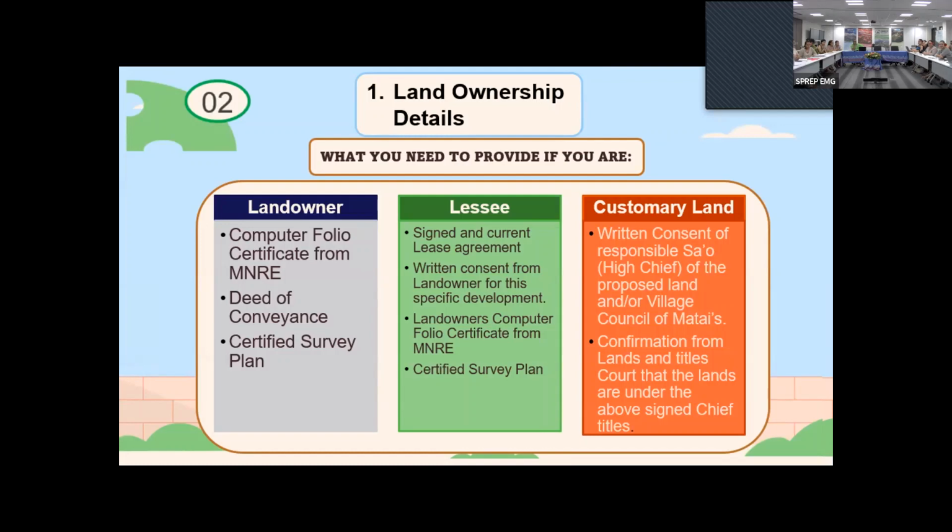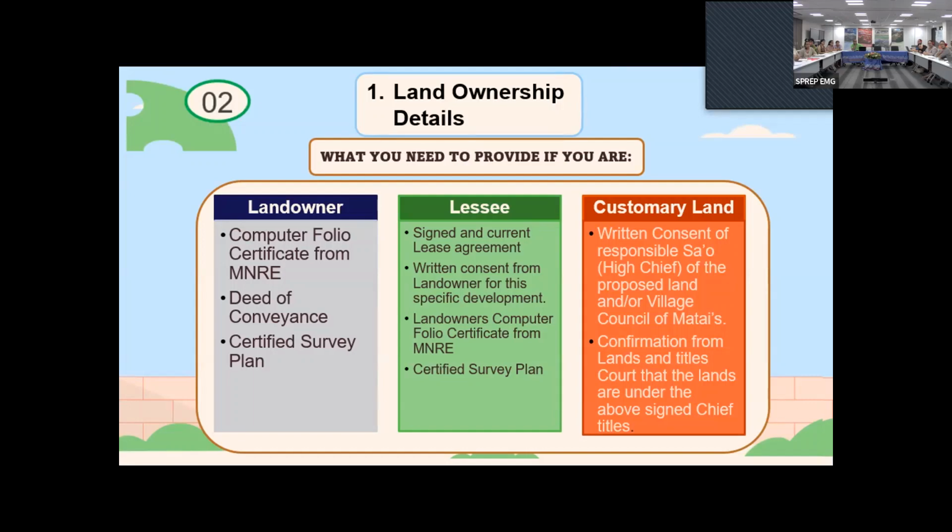So to expand a little bit, a computer folio certificate is for registered freehold. It indicates the nature of land is freehold, whereas customary lands are non-registered land. So you cannot expect to get a folio for customary land.